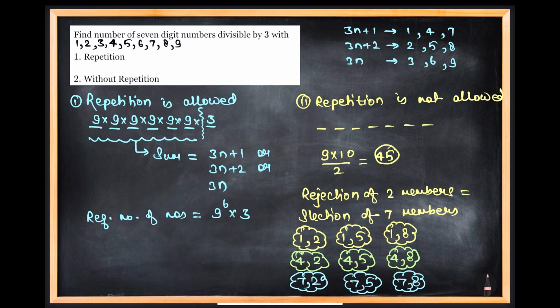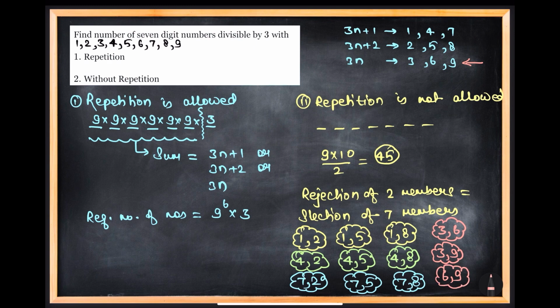Now look at this situation. Let's try to remove 2 numbers from the same group. Yes, you can remove 2 numbers from this group. So can I remove 3 and 6? Can I remove 3 and 9? Can I remove 6 and 9?